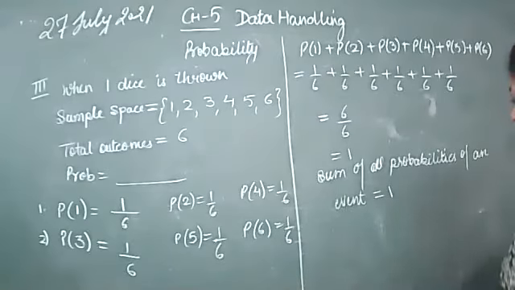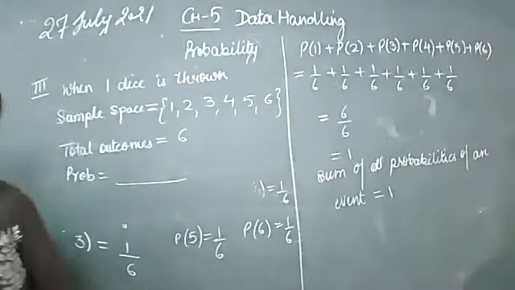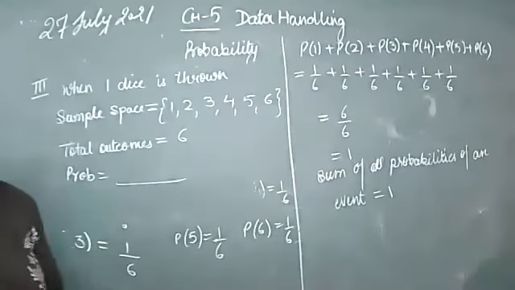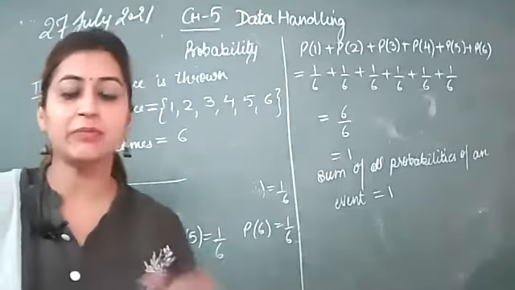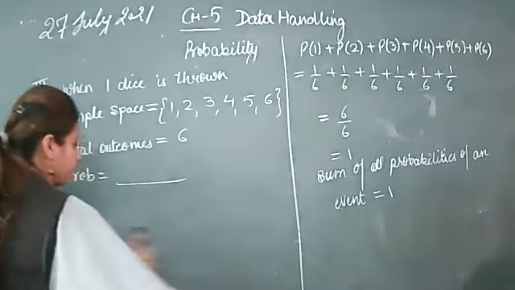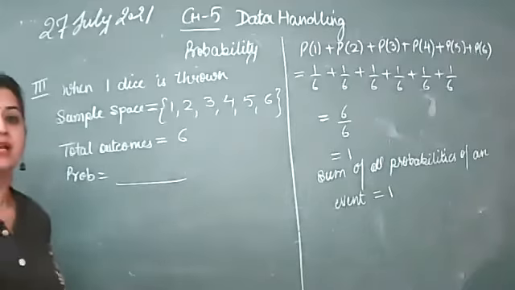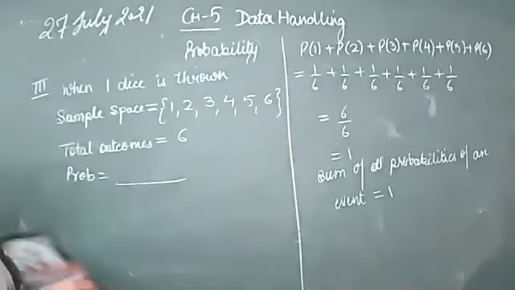Okay. Now, the next question that comes in this form also, probability of even number. How many even numbers are there out of these 6 numbers? Out of 1 to 6, how many numbers are even?